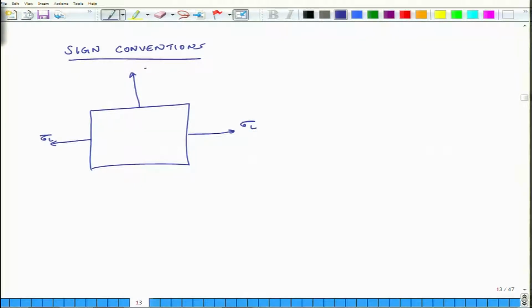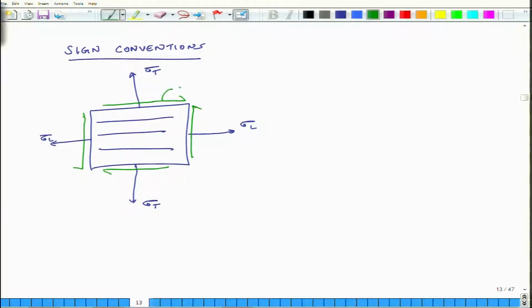I can subject it to tensile stress in the transverse direction, sigma T. This is the direction of the fiber, and I can also subject it to shear stresses, and this is one way I can specify the shear stress. So, this is tau LT, and in this case tau LT is positive.